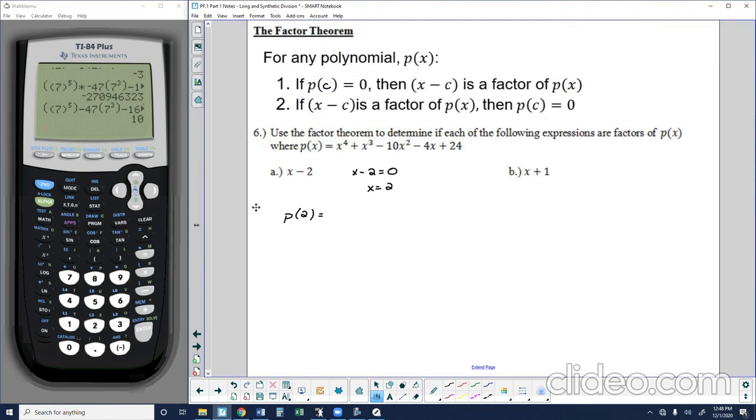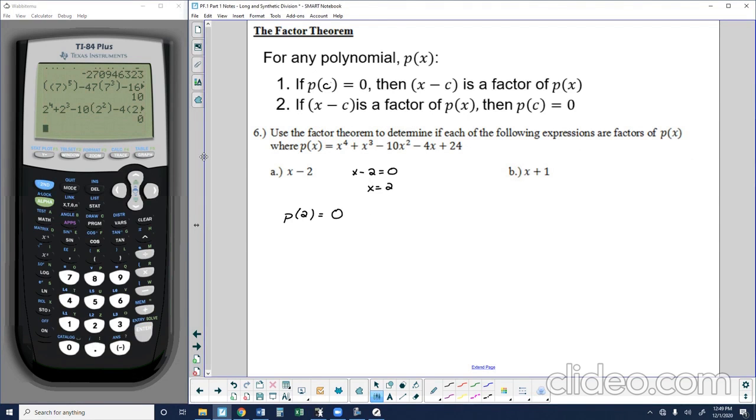So if I find p of 2, and I can do this on the calculator, 2 to the 4th power plus 2 to the 3rd power, let me be careful to type in everything correctly here, minus 10 times 2 squared, minus 4 times 2, plus 24 gives me the value 0.